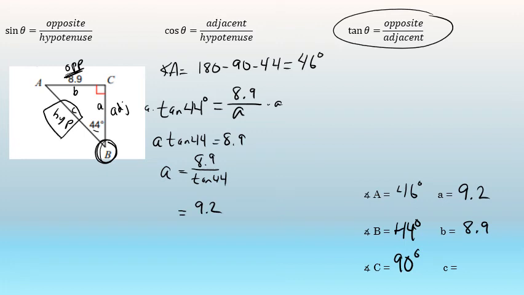Side C is the hypotenuse, and side B is opposite of angle B that I know exactly. The trig function that relates opposite and hypotenuse is the sine.